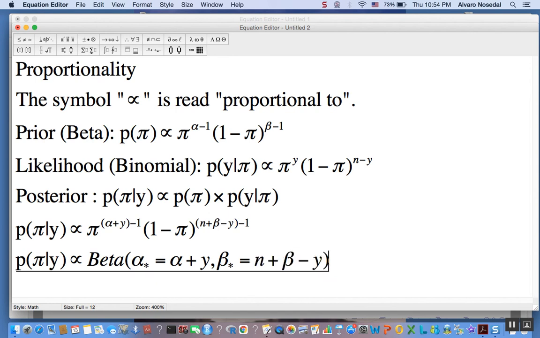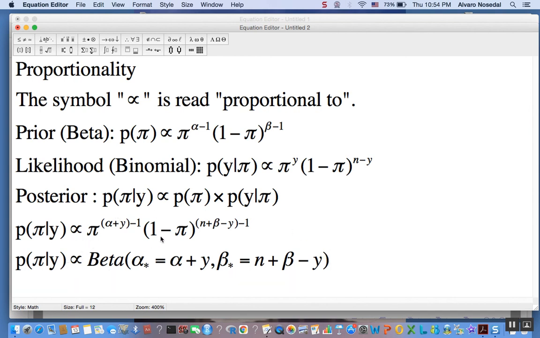So this idea of using the proportionality symbol is kind of a shortcut. We're saying, okay, up to a constant, this makes sense.